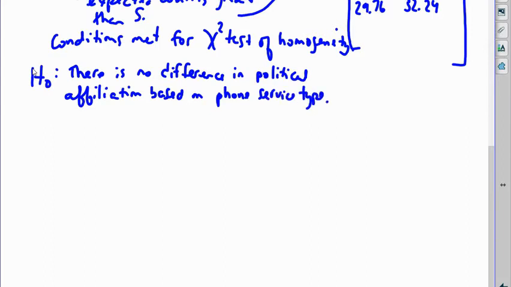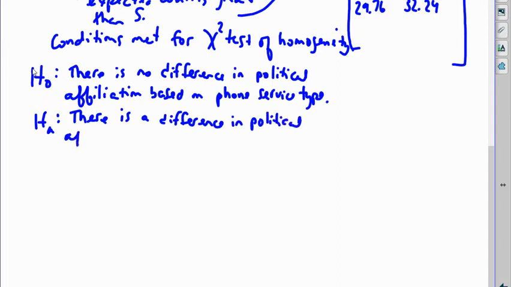And the alternative hypothesis would be there is a difference in political affiliation based on phone type.